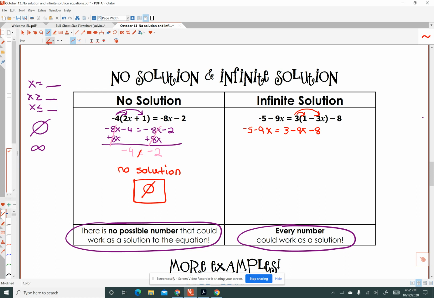So let's change our color. On the right side, I have a positive 3 and I have this negative 8. I can combine those terms. So on the left side, I'll still have negative 5 minus 9x equals 3 minus 8, which is negative 5, minus 9x. I think you can see what's happening here. Let's go ahead and add 9x to both sides.